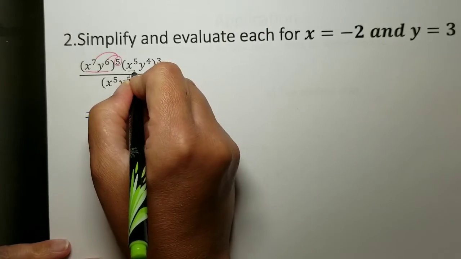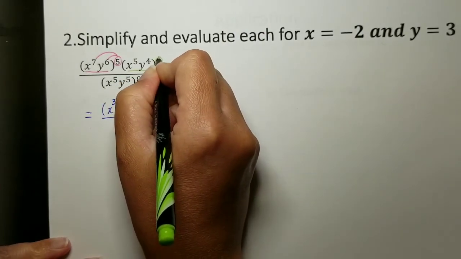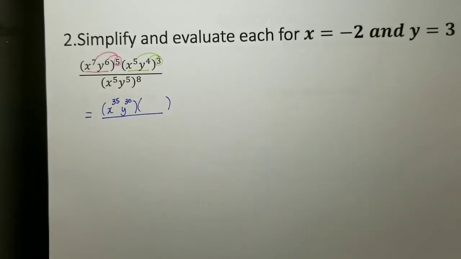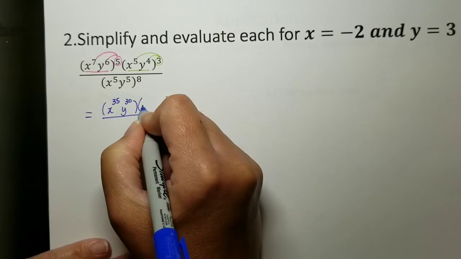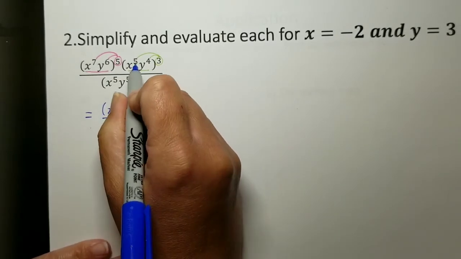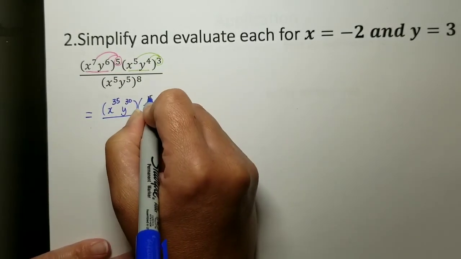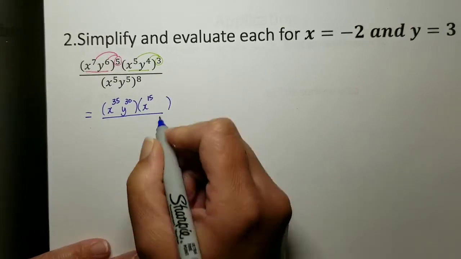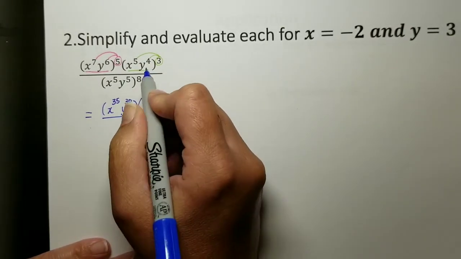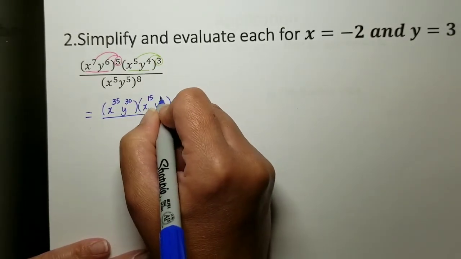My next bracket is raised to the exponent 3, so using the power of a power, I'm going to multiply that 3 by the exponent on each of the variables inside. So I keep the base the same as an x, and I do 5 times 3 is 15. Then I keep the base the same with y, and I do 4 times 3 is 12.